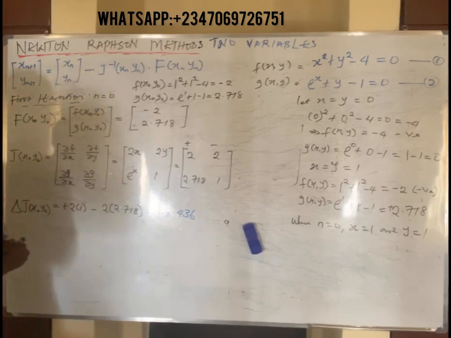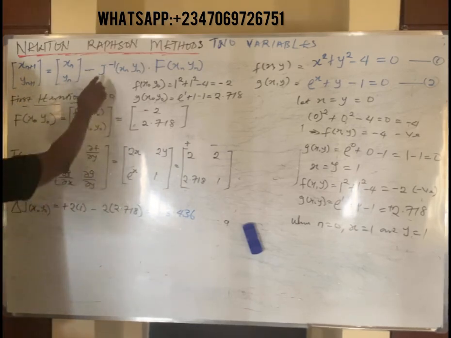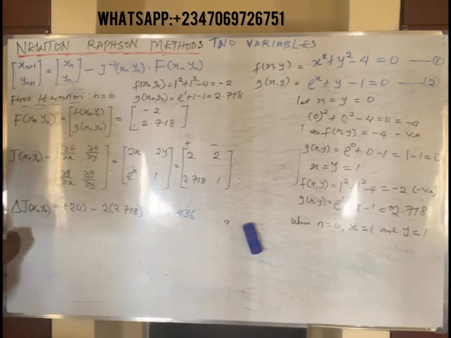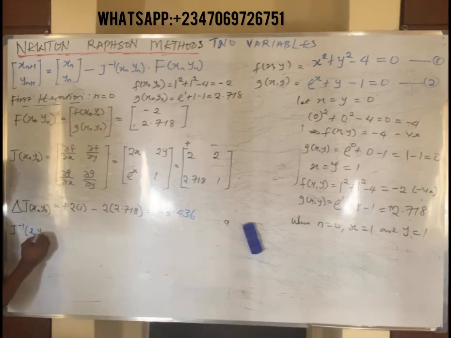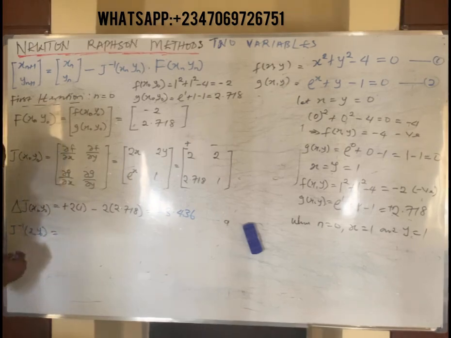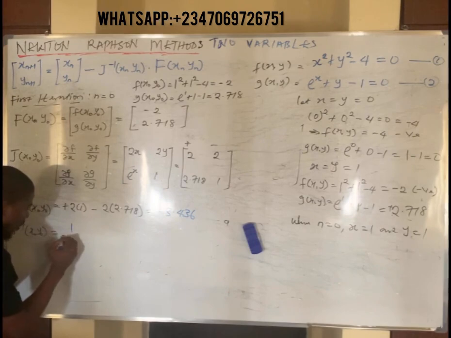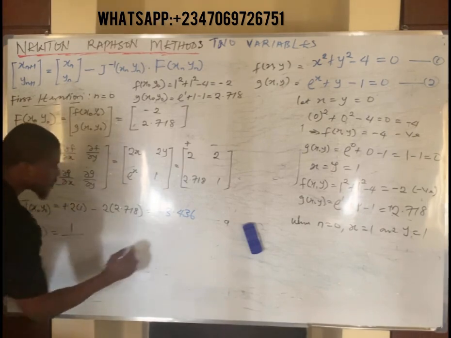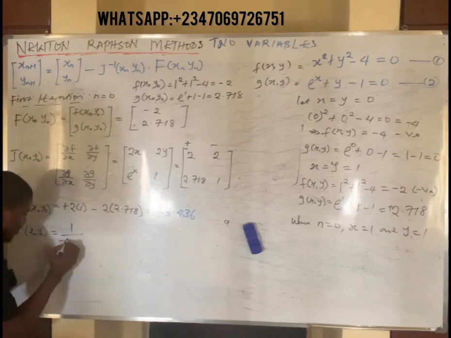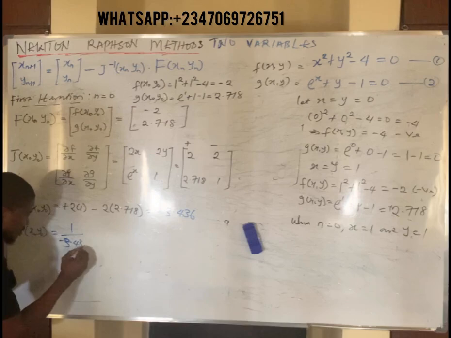Okay, so having found our determinant, we need to now find the Jacobian inverse of the function. So we simply find the Jacobian inverse of x naught, y naught. This is going to be equal to, remember, you take now the inverse of the determinant, just as we explained earlier. You have 1 all over the determinant, which is negative 3.436.